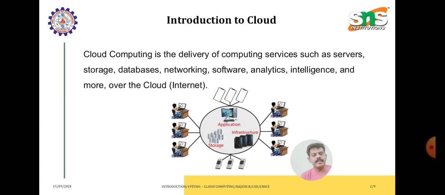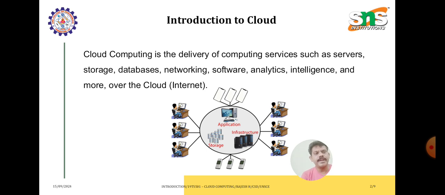So let us see the background of cloud, how cloud computing is happening. When we visualize a cloud platform or a cloud network, we always see three terminologies: application, infrastructure and storage. Because here storage is a service, application is also a service and infrastructure is also a service. So overall, cloud computing is a delivery of computing services.